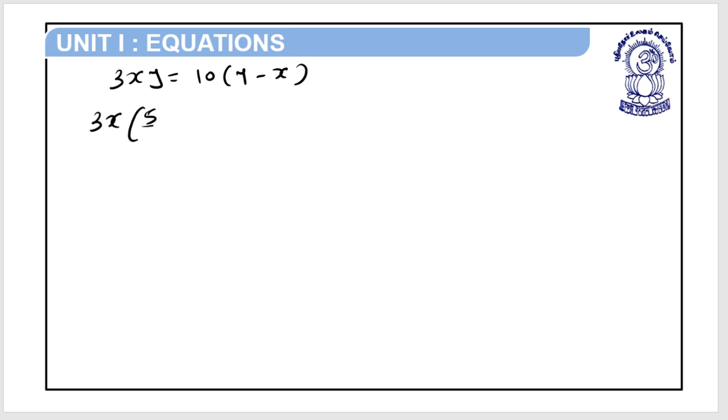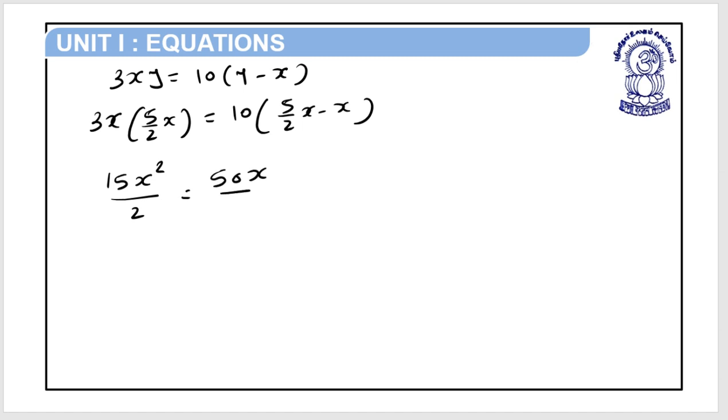3x into 5 by 2x is equal to 10 into 5 by 2x minus x. So 3 5s are 15x square upon 2, 10 5s are 50x by 2 minus 10x.